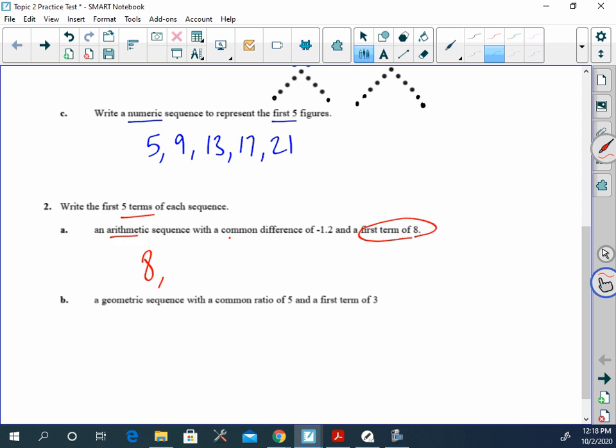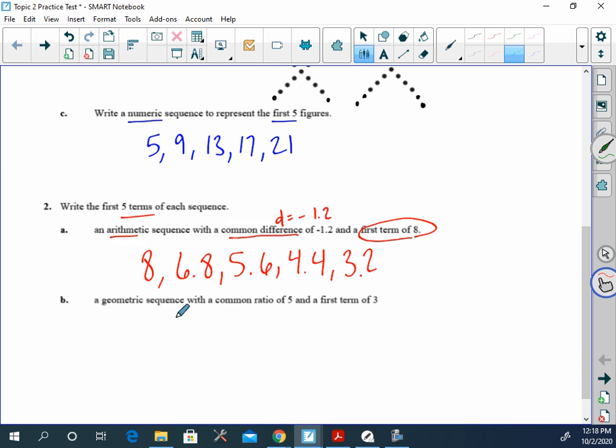It's kind of giving you both of these. If you see common difference, it's going to be arithmetic. And the common difference is what it's either adding or subtracting. So with this one, the common difference is negative 1.2. That means it's going down by 1.2 each time. So we're just subtracting 1.2 at each step. So the next one would be 6.8, and then 5.6, and then 4.4, and 3.2.